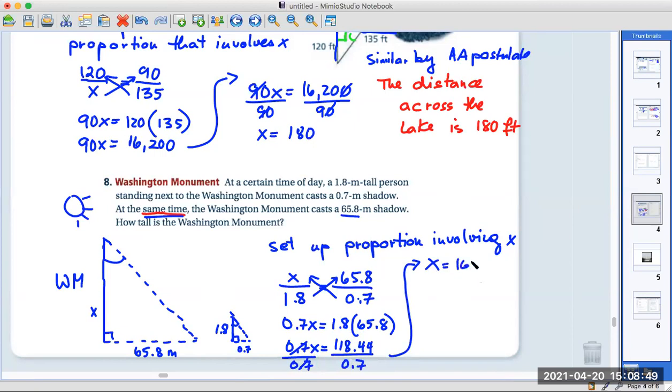You get 169.2. So now we know that the height, x, is 169.2 meters. It's in meters. Notice when I do my math, I don't get bothered with units, but at the end I have to put it back. The Washington Monument is 169.2 meters tall. Make sure you have a decimal point here. And there you are. This is another good application, the shadow of a person compared to the shadow of a large object.